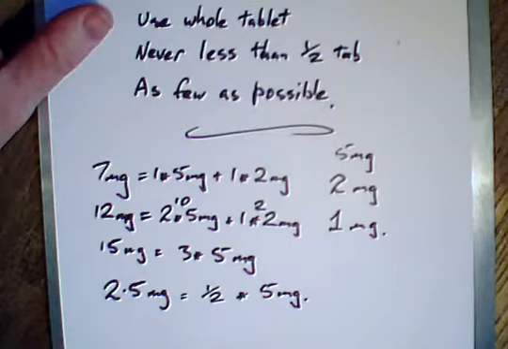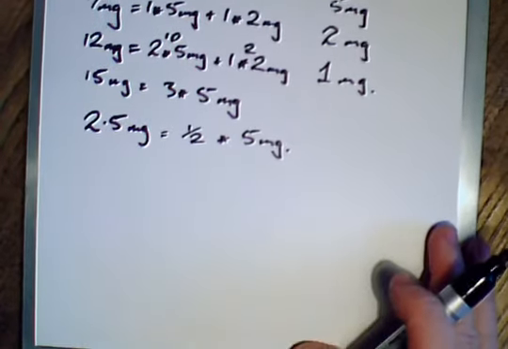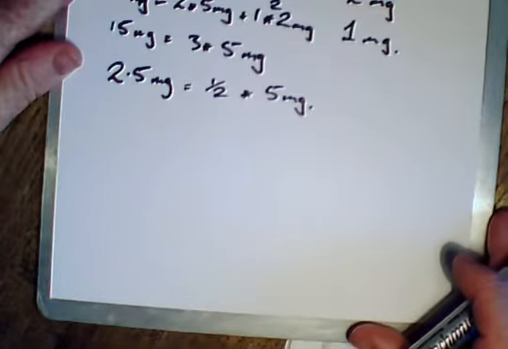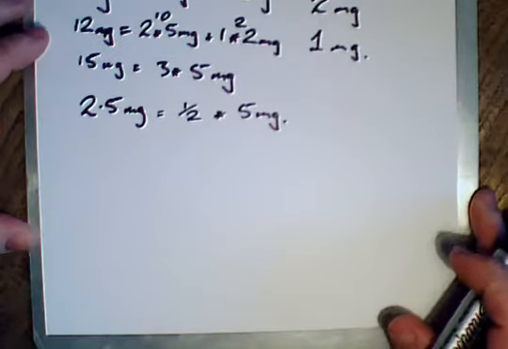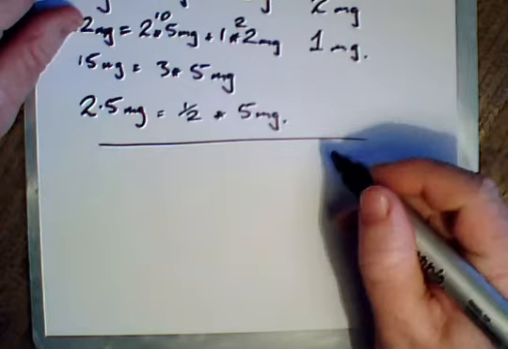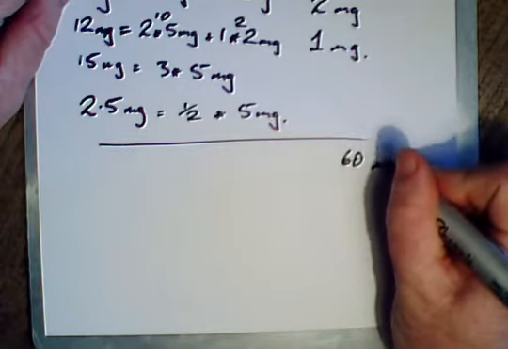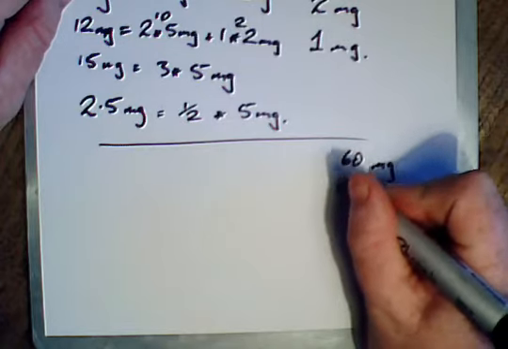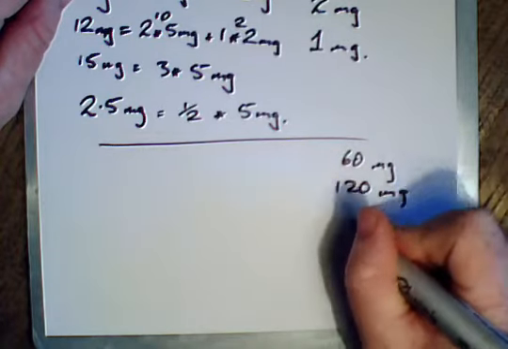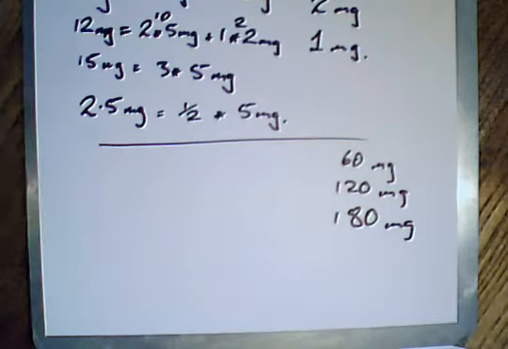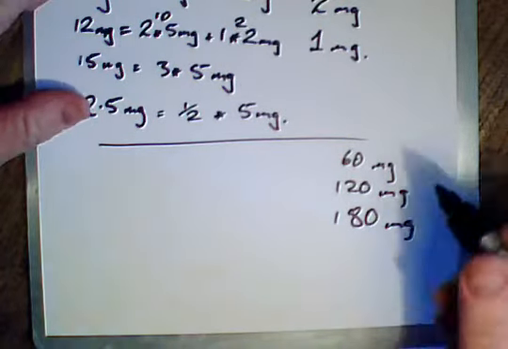Let's say we go to a different value, just something that's a bit bigger. Okay, so if we say we have a choice of a 60 milligram, a 120 milligram, a 180 milligram. Excuse me.